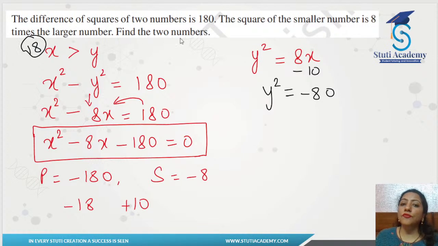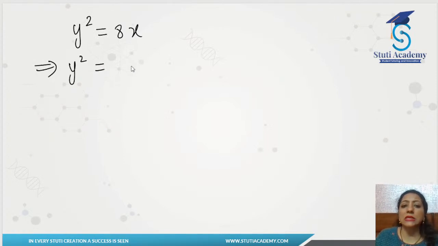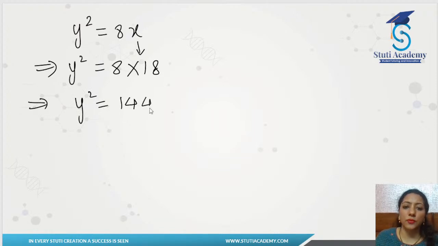Now we want to find both the numbers, so we'll solve for y square. We already know y square is equal to 8x, and now we have got the value of x as 18. So we'll replace x by 18. We will get y square as how much? 18 into 8 will give us 144.